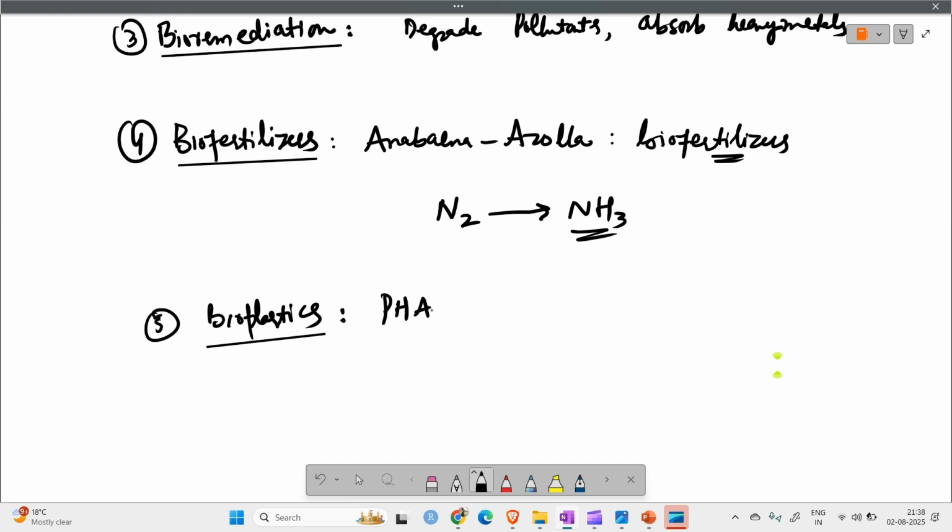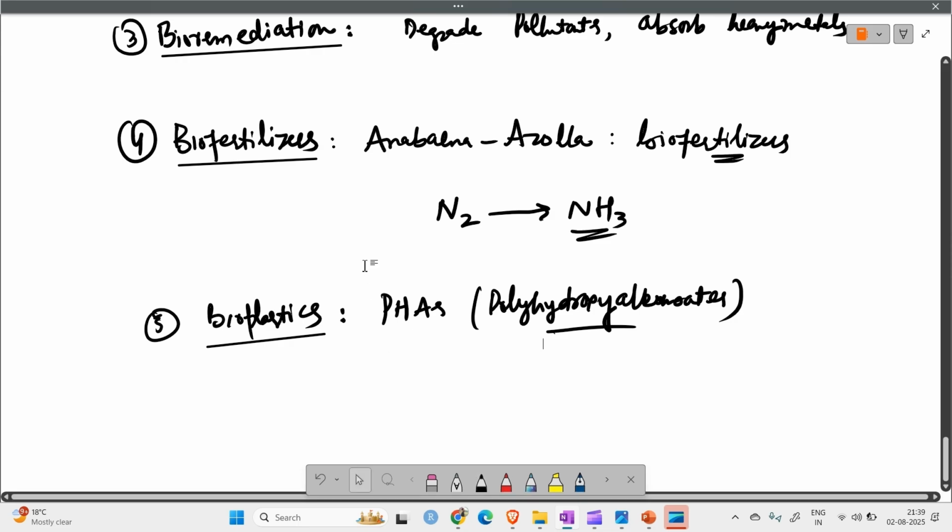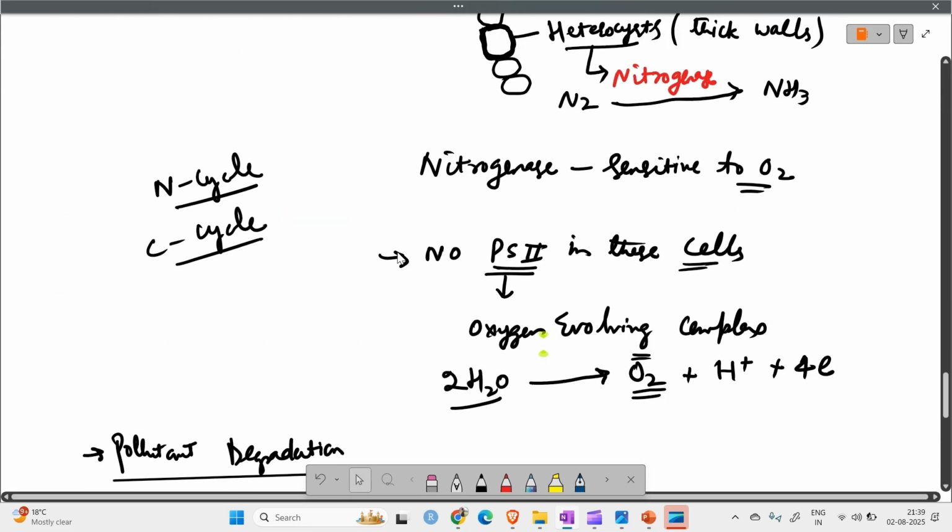Compounds like PHAs are produced by these. PHAs are polyhydroxyalkanoates. Okay, they have similar properties to that of plastic and are produced by these cyanobacteria. So these are beneficial aspects of these cyanobacteria for people and for the environment.